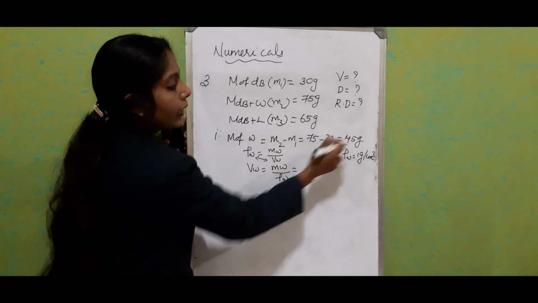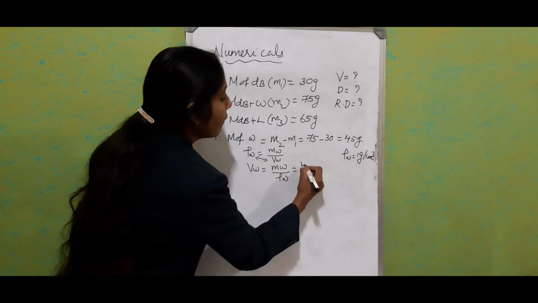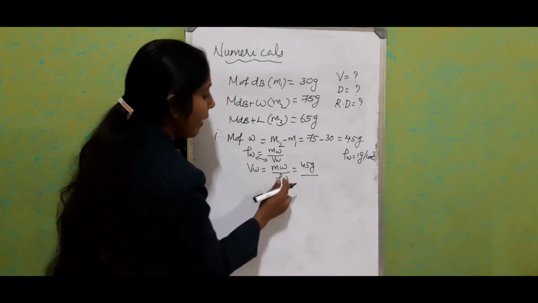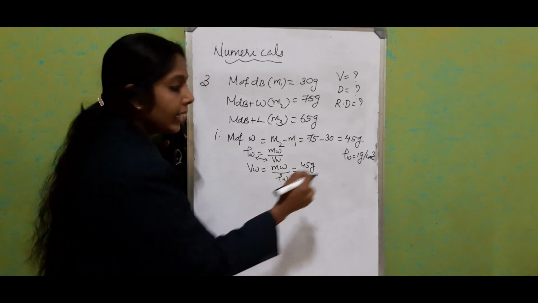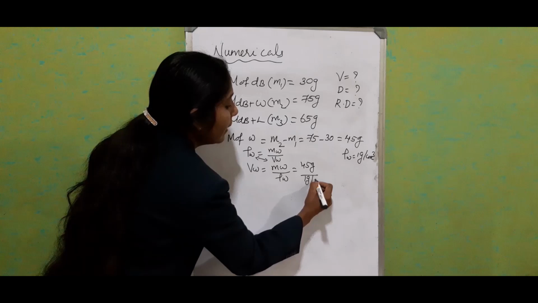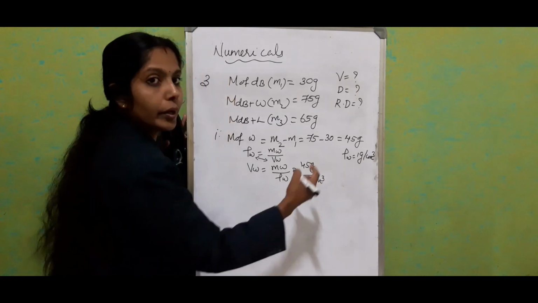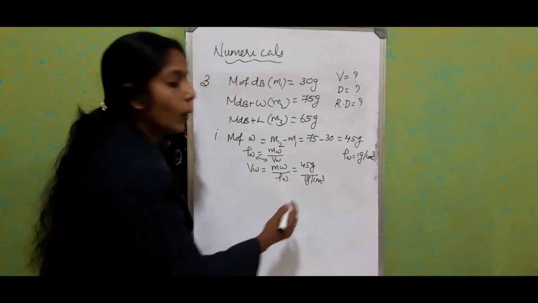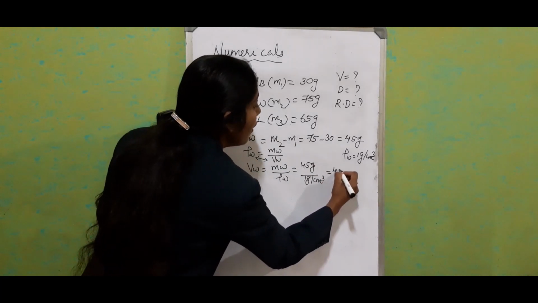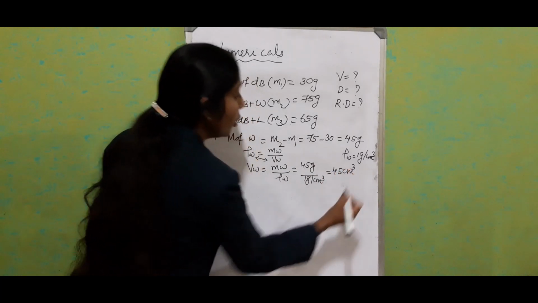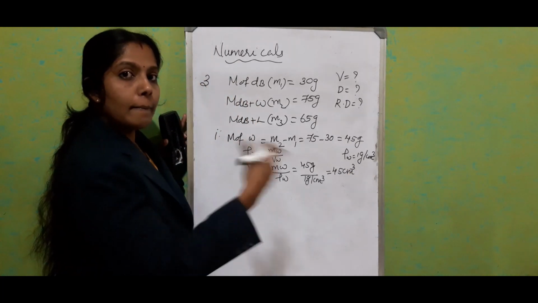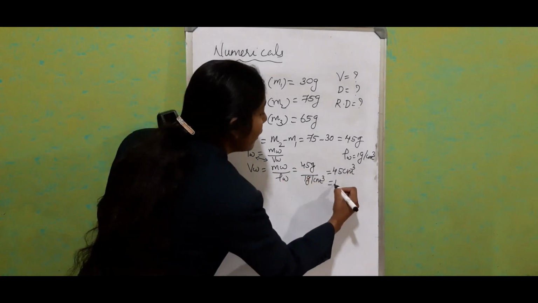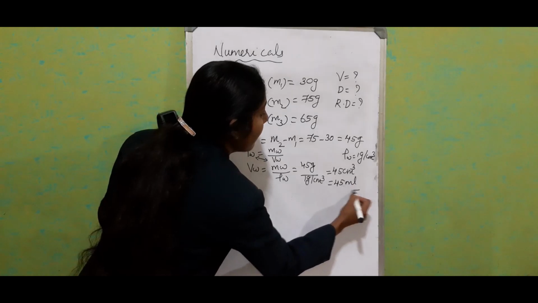What is mass of water? It is 45 gram divided by density, that is 1 gram per centimeter cube. So this gram and gram will cancel, centimeter cube will go up. This is equal to 45 centimeter cube, or in terms of milliliter we can write it as 45 ml.